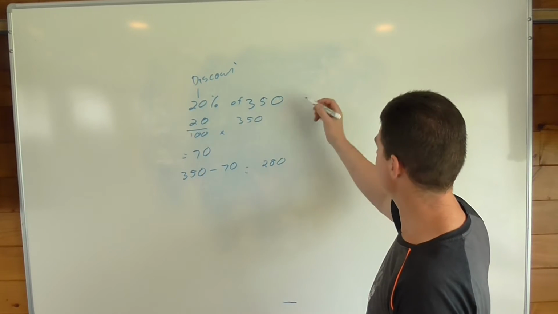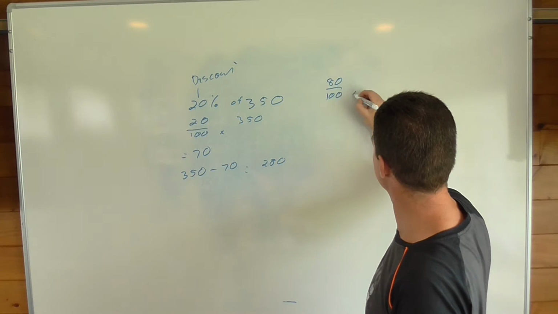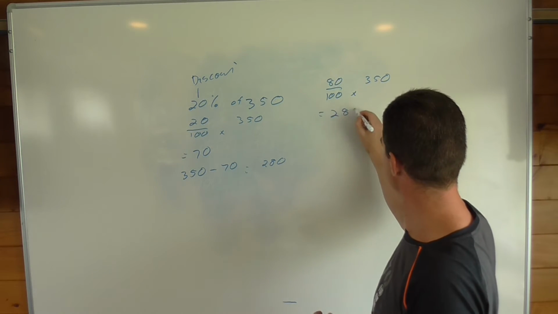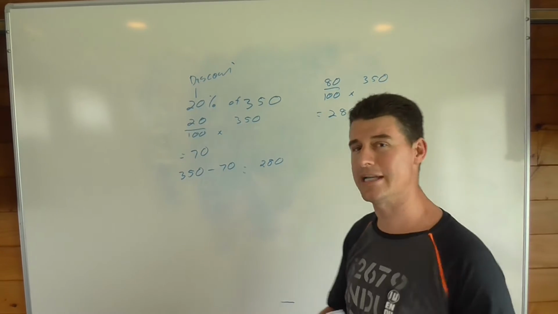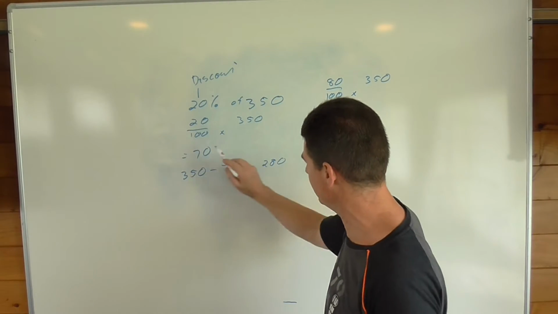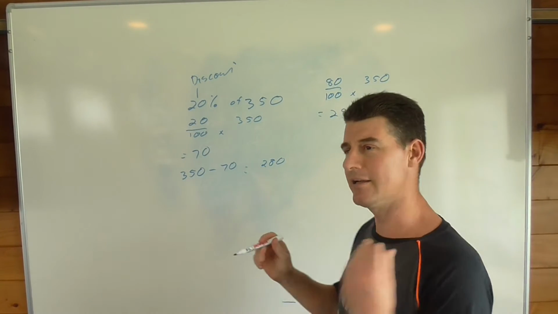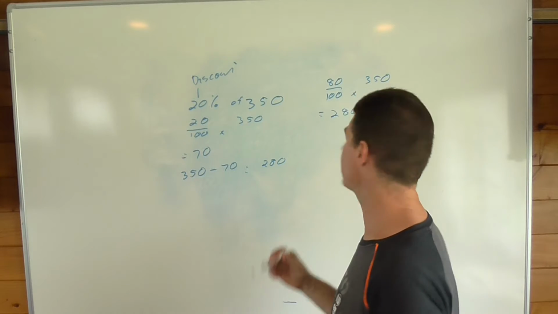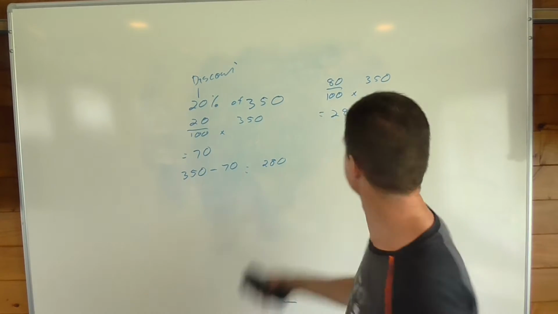So she's only paying 80% of 350, and that also gives you 280 Rand. You can do it in one of two ways. You can first calculate the discount and subtract it from the total, or you can say she's only paying 80% of the price, and you will get to the same answer.